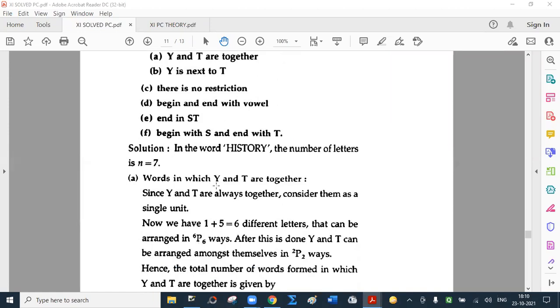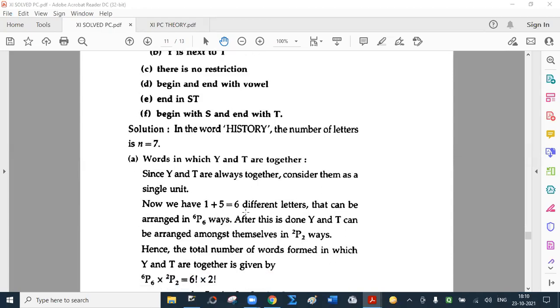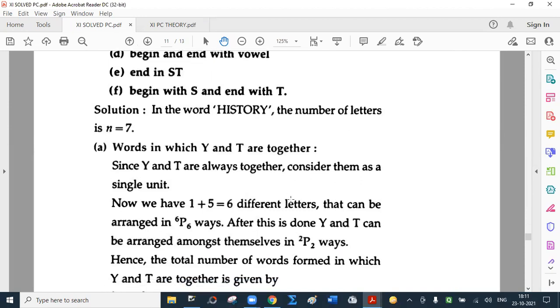First part, words in which Y and T are together. Since Y and T are always together, consider them as a single unit. Now we have 1 plus 5 equal to 6 different letters that can be arranged in 6P6 ways. After this, Y and T can be arranged among themselves in 2P2 ways.